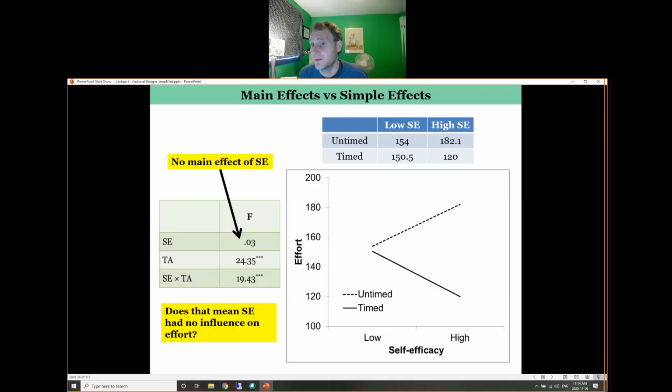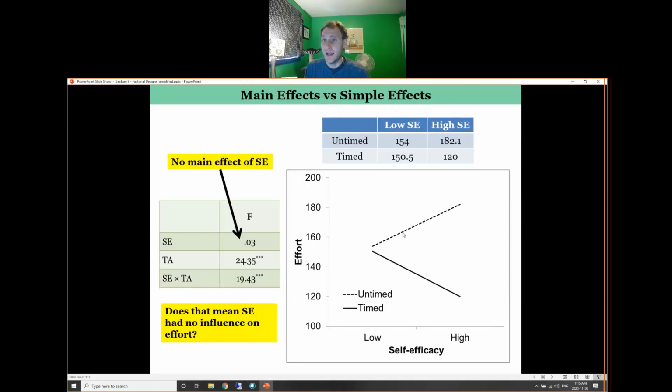Again, that main effect is qualified by the presence of an interaction. Because if we come at the low self-efficacy level, we can see that there's hardly any difference here. Instead, it's being driven by the high self-efficacy condition where there's a big gap here. So whenever we see an interaction, we have to be careful about interpreting our main effects. They are qualified.